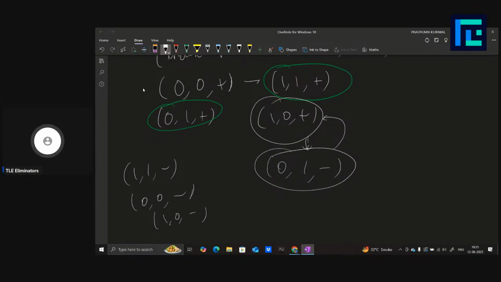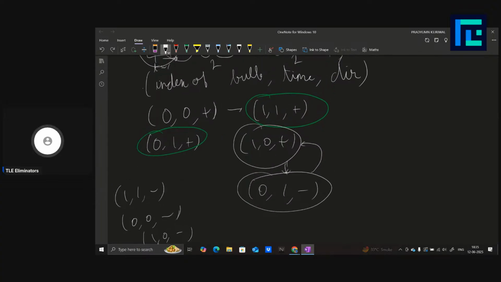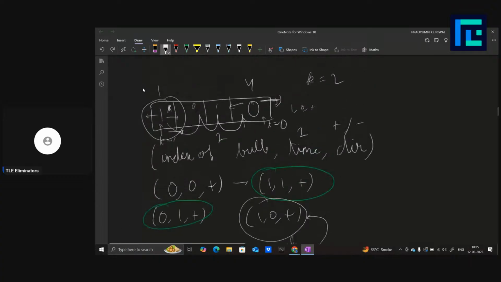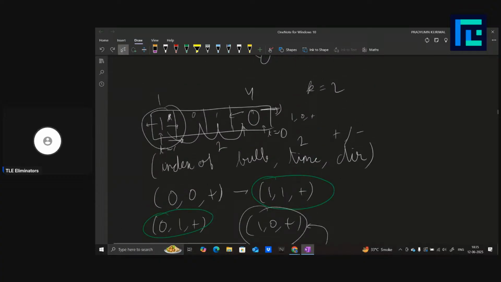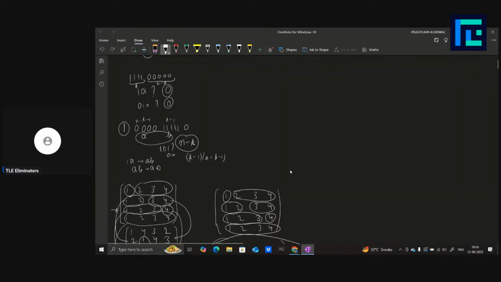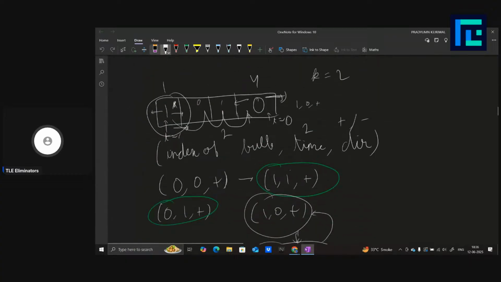You can simply find out what their condition is. 1 1 minus means that you are spawned at, okay, I'll erase this to make it cleaner.